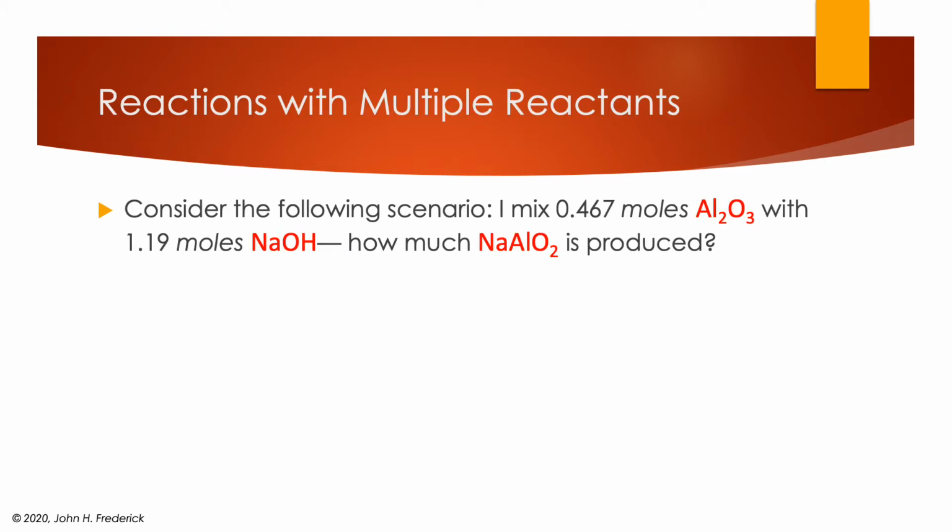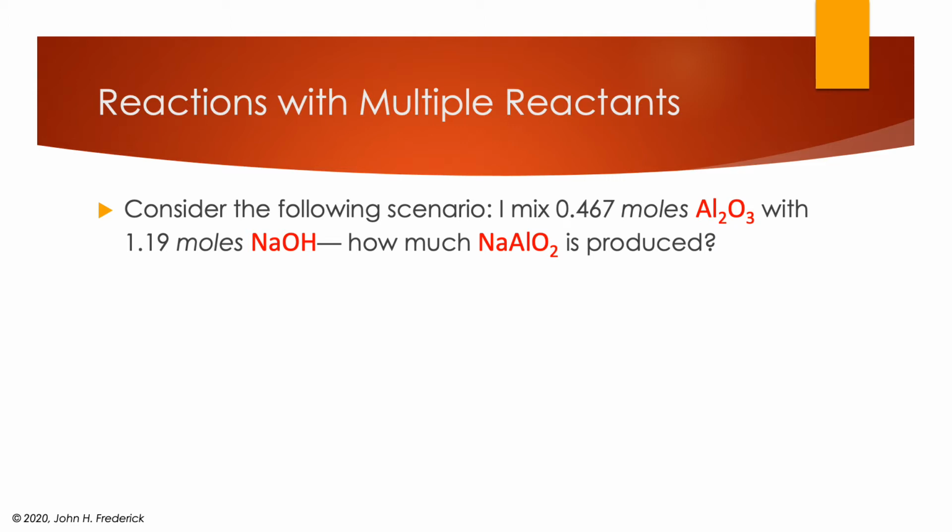So let's consider the following scenario. I've got 0.467 moles of aluminum oxide, and I've got 1.19 moles of sodium hydroxide, and I'm going to mix these two together to make some sodium aluminum dioxide, NaAlO2. Now, I've got two reactants, and I'm given amounts of both of those.